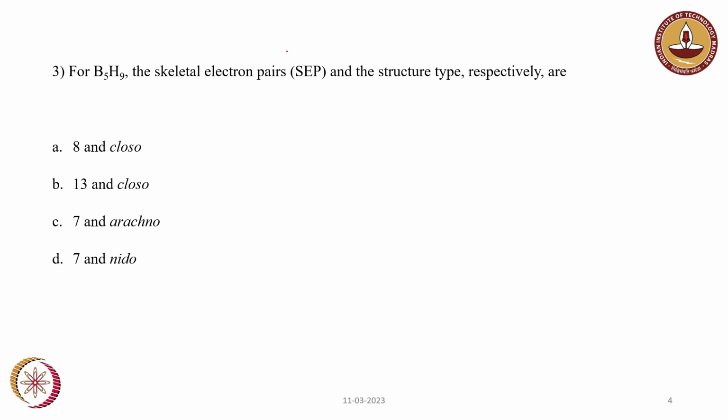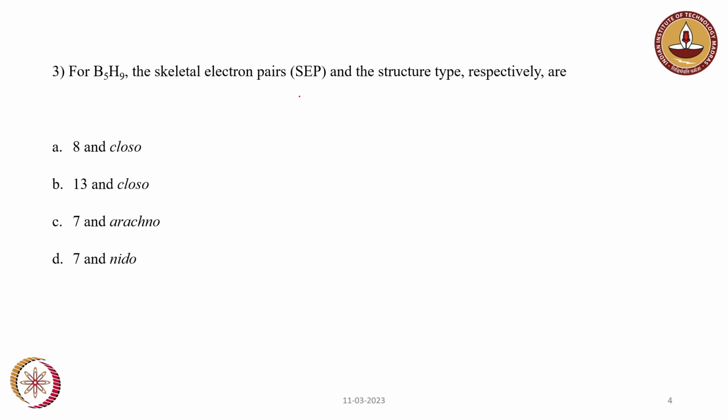First, we have to determine the total number of valence electrons, 3 per boron and 1 per hydrogen. Then subtract 2 electrons for each BH unit, and the remaining number has to be divided by 2, which will give the SEP, which determines the type of cluster.